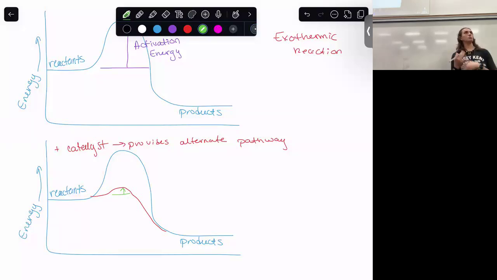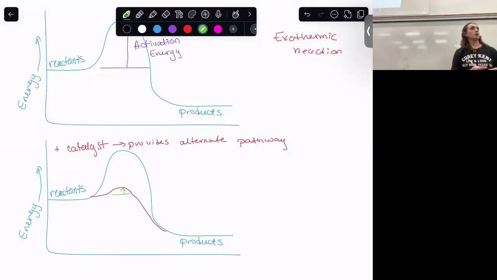So we say that catalysts speed up reactions because it's not having to overcome this large energy barrier anymore. It just has a small one to get over. So we don't need as much energy in our system to proceed to products. We only have that little bit, so it is faster and easier turnover for our reactants to get to products.